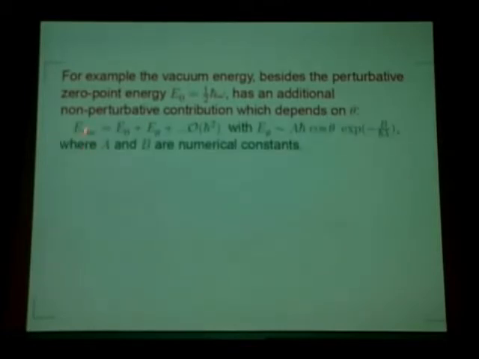So the true vacuum energy is the zero point energy plus E(theta), proportional to h-bar lambda, where lambda is the coupling constant of the theory and B is some numerical constant. So there is a dependence on this parameter through cosine theta.